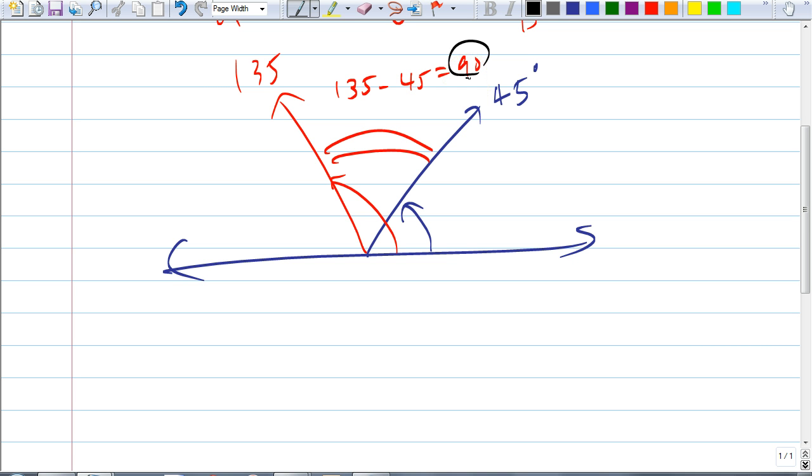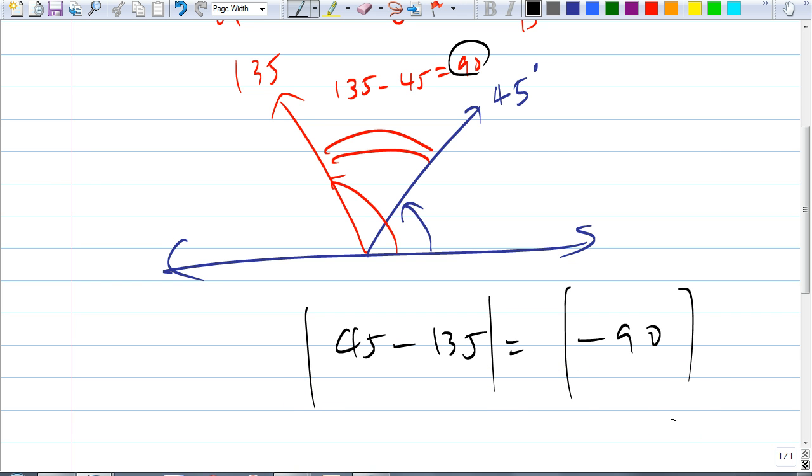When did we do that? Ruler postulate. Didn't we take the absolute value of the difference of their coordinates? Same thing here, right? Look, can I do 45 minus 135? What do I get? I get negative 90. So if I don't want to care about the order, all I have to do is what? Take the absolute value. Do you guys get this?